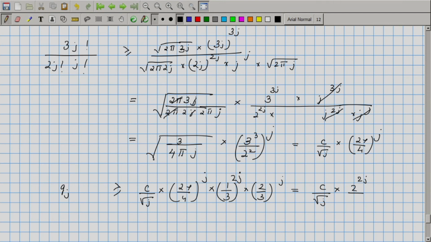So, overall we will get 2^j divided by 4^j.